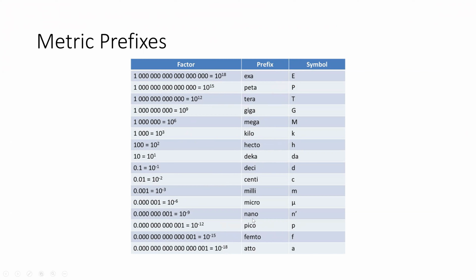Looking at this chart, how many tons of TNT are in a megaton of TNT, for example? Look at the chart. How many tons of TNT are in a megaton of TNT? 1 million, right?